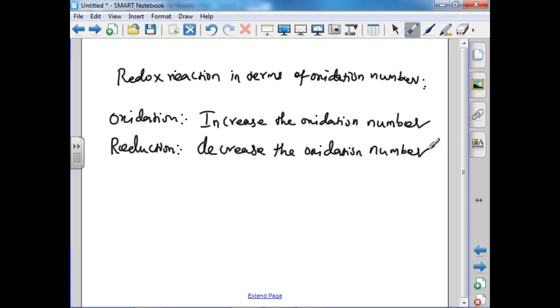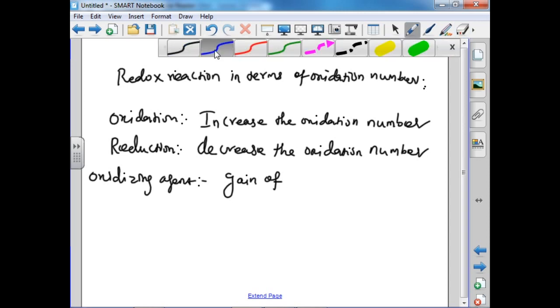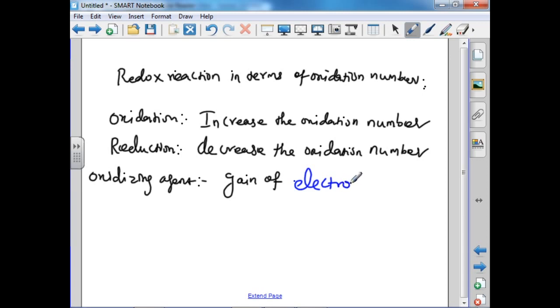What is an oxidizing agent? It causes gain of electron, and itself it is reduced.